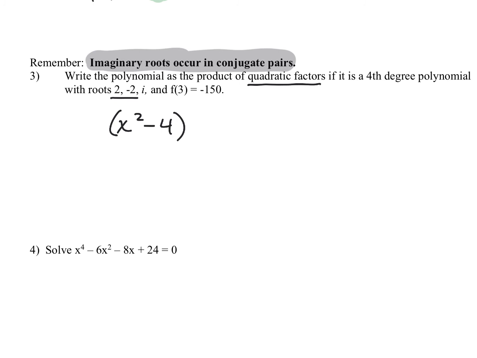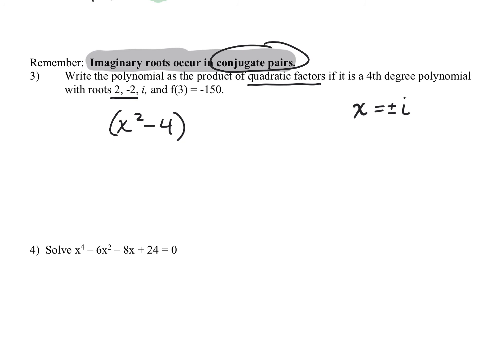Now that i is a little strange. I need to figure out how I can create a quadratic that has a solution of i. So I like to do this process of solving for 0, where I will say, well, x equals i, well, really equals plus or minus i because it always comes in a conjugate pair. Well, where did that come from?